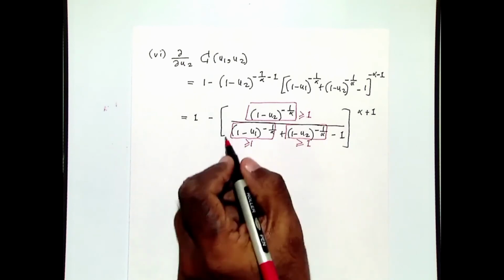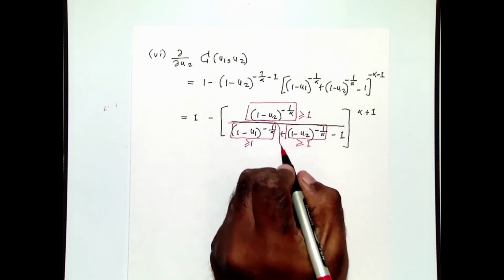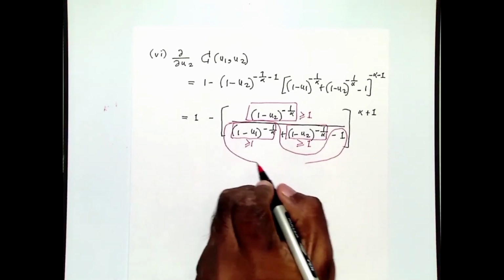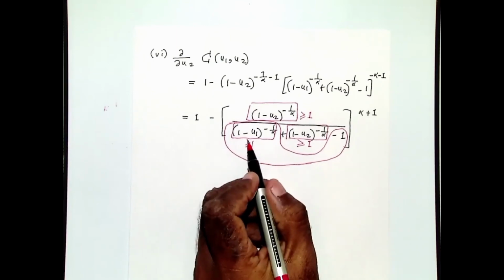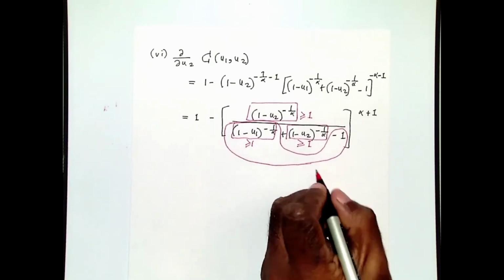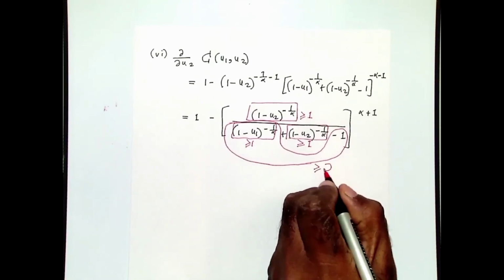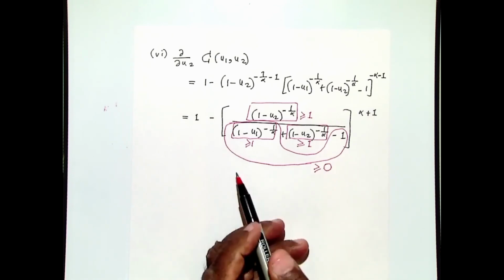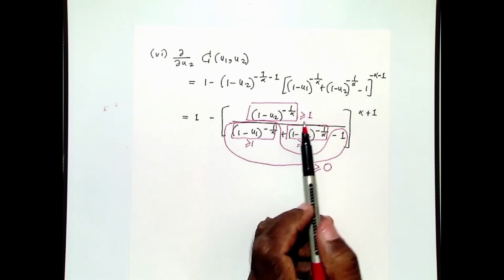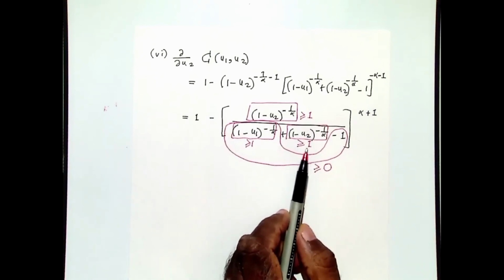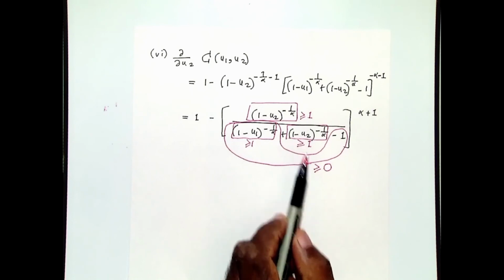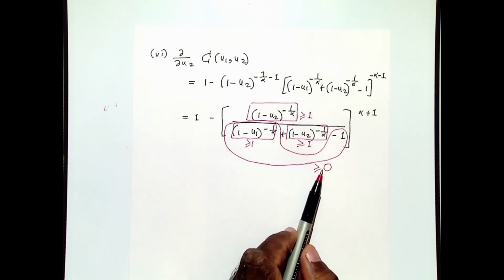Now if you put these two together, that is, a number greater than or equal to 1 minus 1 has to be greater than or equal to 0, right? So you have a number greater than or equal to 1 divided by a number greater than or equal to 1 plus a number greater than or equal to 0.